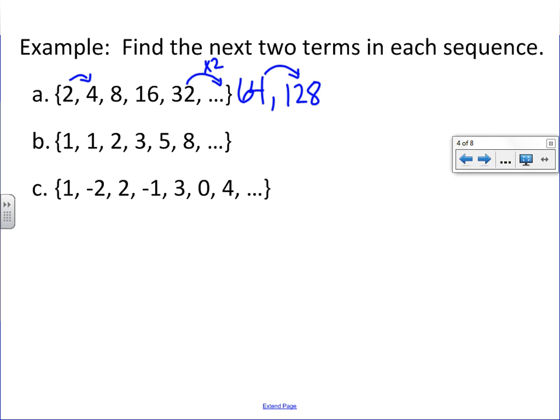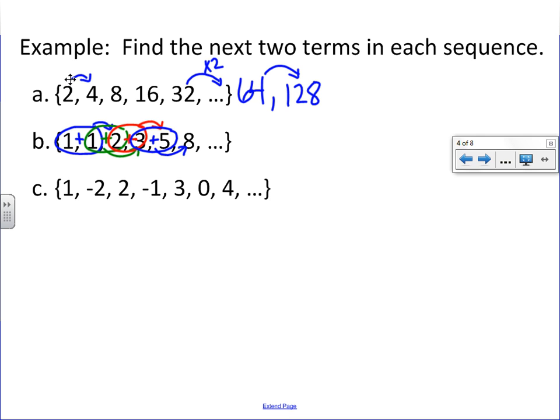Here what we're doing is we're taking 1 plus 1, which gets us 2. Then we take 1 plus 2, and that gets us 3. Then we take 2 plus 3, and that gets us 5. Then we take 3 plus 5, and that gets us 8.